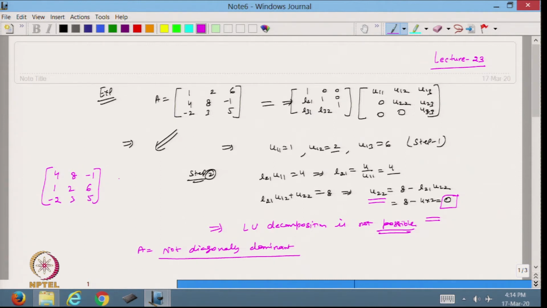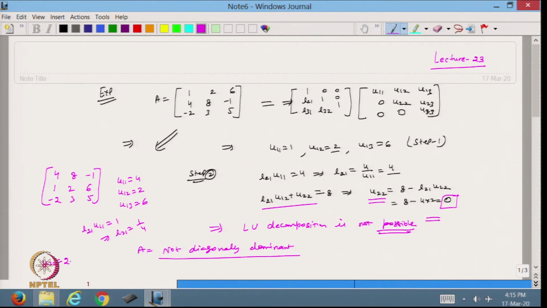So, in this case my A11 will be 4, U12 will be 2, U13 will be 6, and then my L21 U11 will be 1. So, from here I can say my L21 will be 1 by 4, and then U22 will be 8, no not 8, it will be 2.